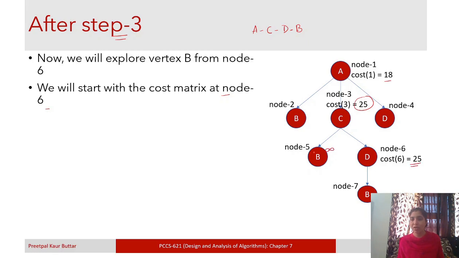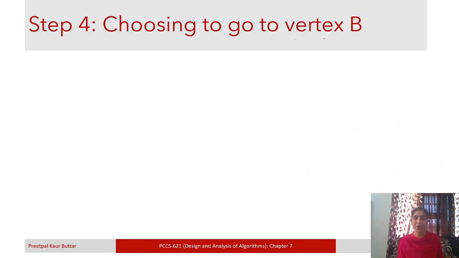The cost of D, that is node 6, was found to be promising. So we explored this node, and it means from D we will explore this node 7, that is B, right? So now we are choosing to go to vertex B, that is node 7 in our tree. The path is A to C to D to B.